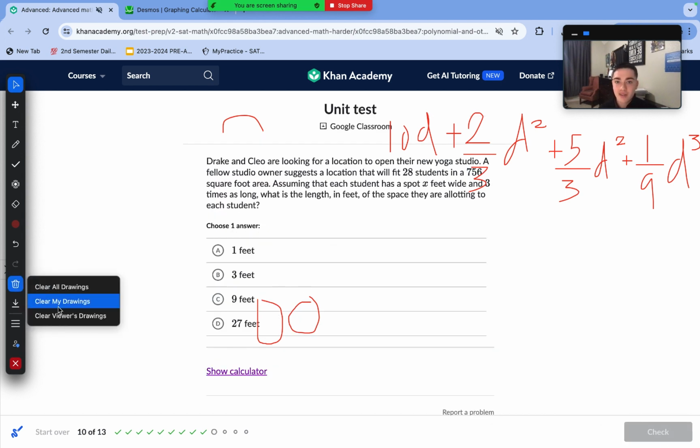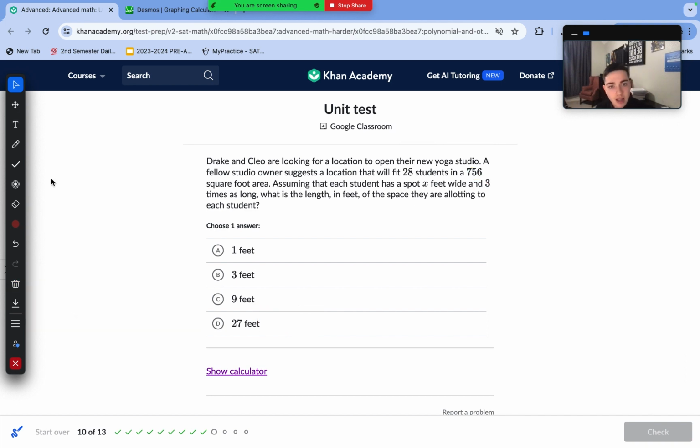Drake and Cleo are looking for a location to open a new yoga studio. A fellow studio owner suggests a location that will fit 28 students in a 756 square foot area, assuming each student has a spot x feet wide and 3 times as long. So what is the length in feet of space they are allotting to each student? If there are 28 students in a 756 square foot area, that means each student has 27 square feet to themselves.